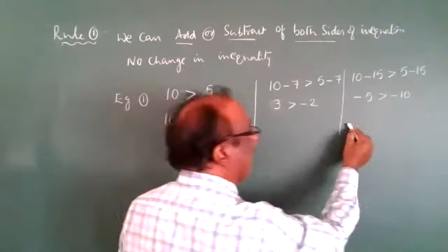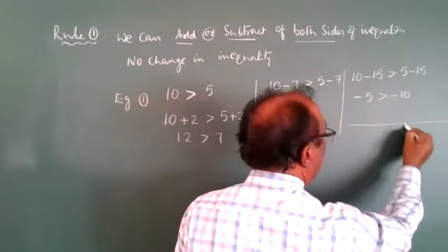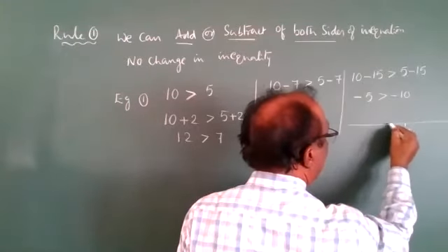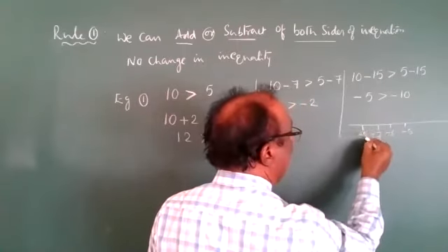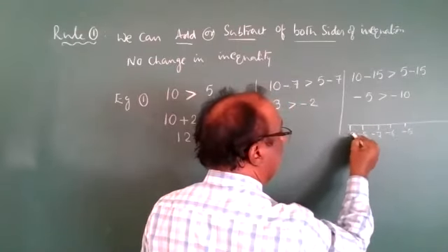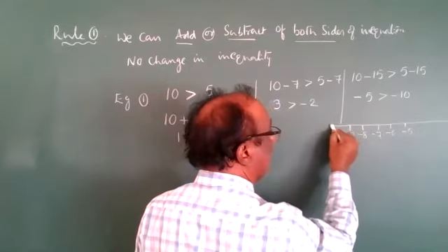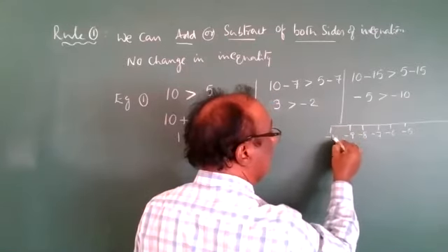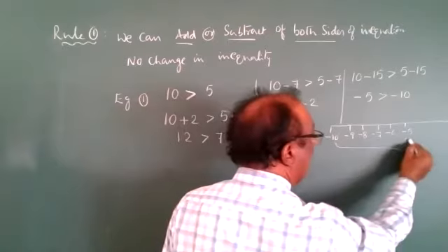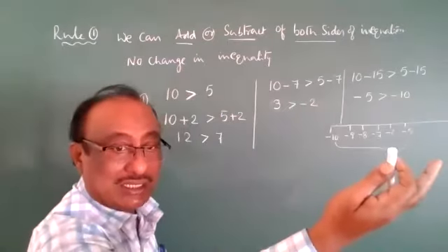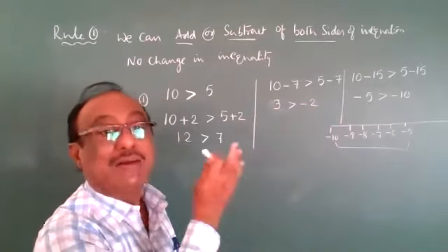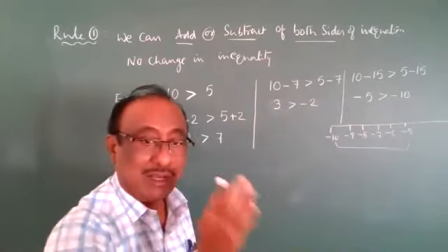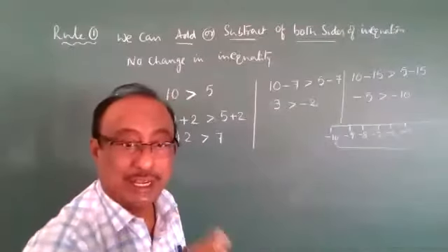So we draw the figure: minus 5, minus 6, minus 7, minus 8, minus 9, minus 10. Minus 10, minus 5. The right side is the greater, the left side is the smaller. Left side value is always smaller in negatives.